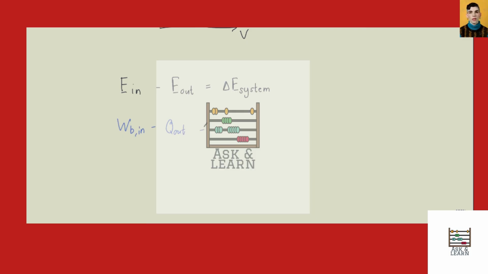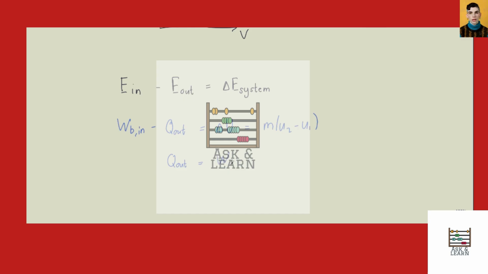So W in minus Q out is equal to the change in internal energy of the system, delta U. And delta U can be written as M times the specific change in internal energy, little u2 minus little u1. So we can write this as the heat transfer out of the system.